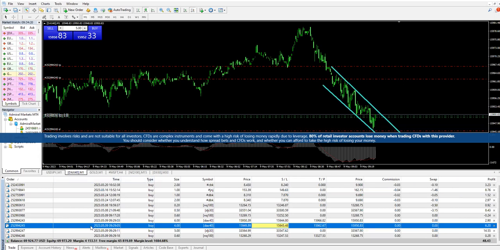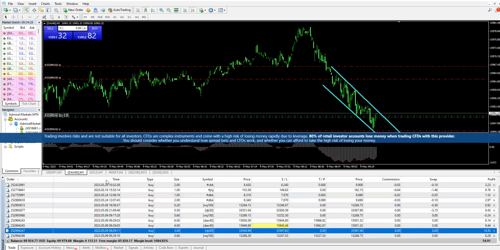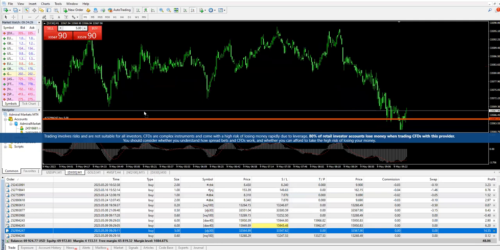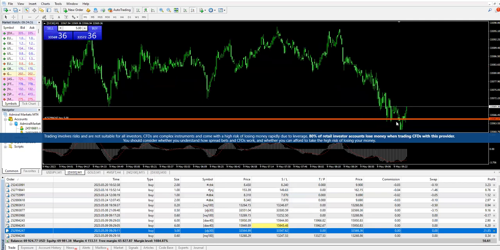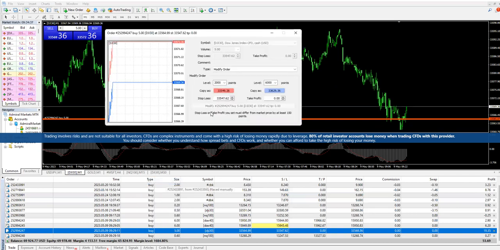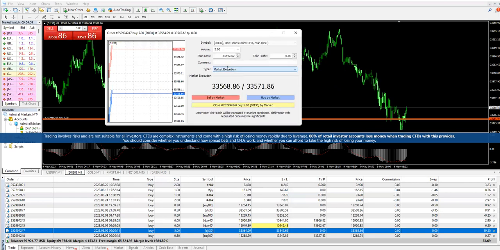For example, let me switch to Dow Jones, if I can. You can see that false breakdown here. Right-click, modify or delete order. Market execution, I will close 4 of the 5.